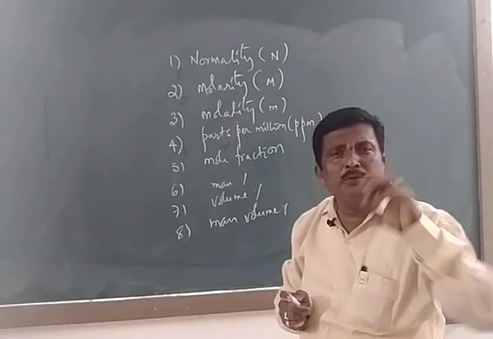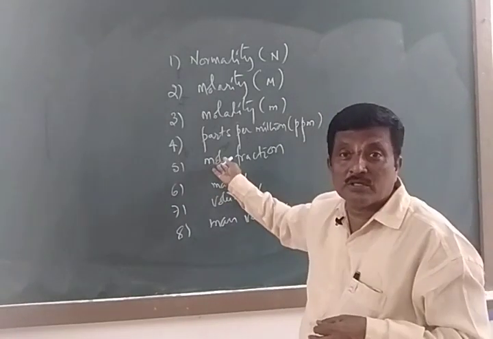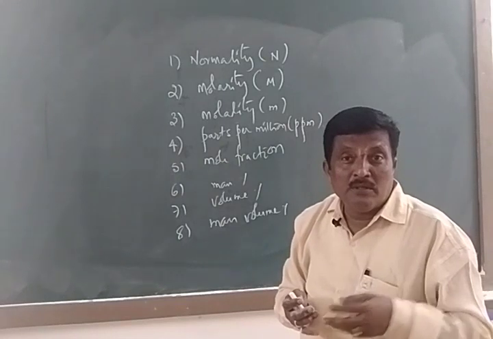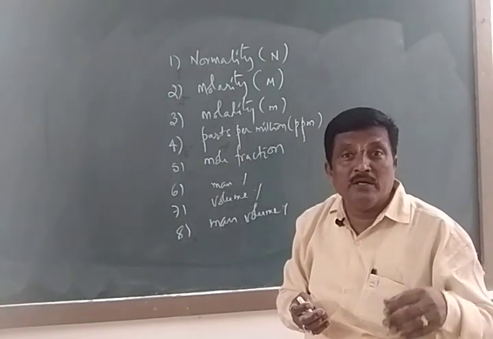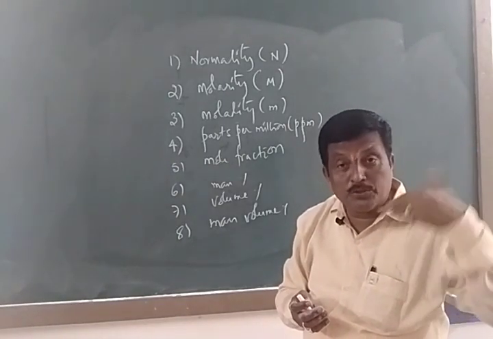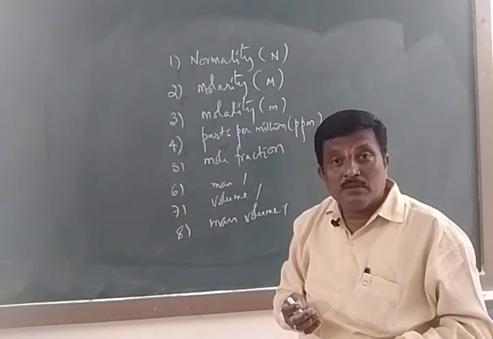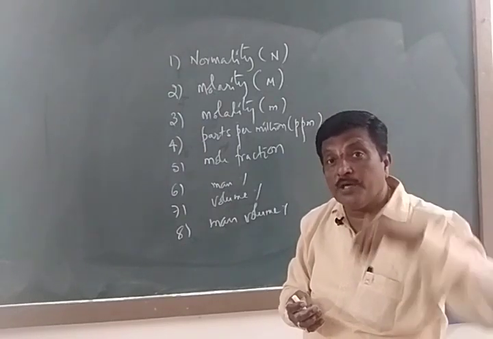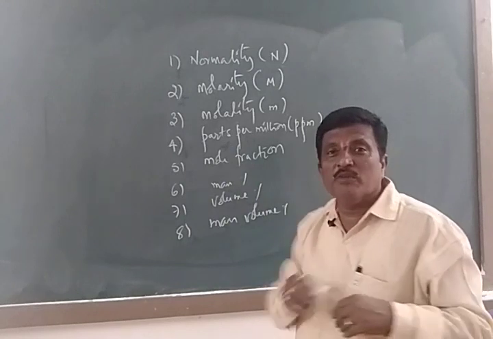Then for dilute solutions, we use the term parts per million. Then if a solution contains more than two components, the strength of each component is expressed by using mole fraction.